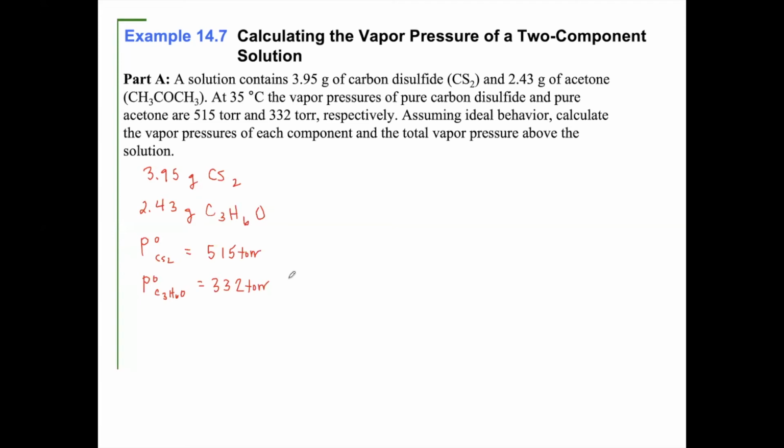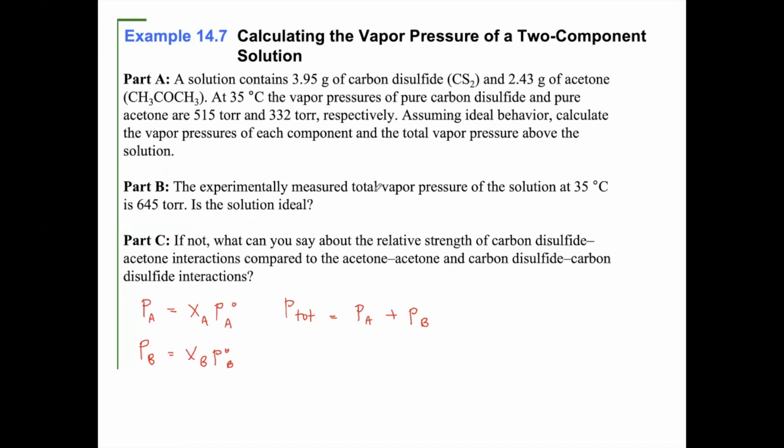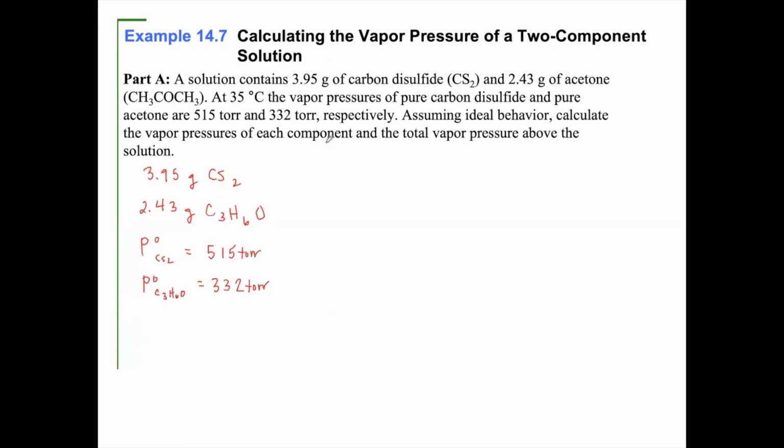So what can we do with this information? Remember, going back to the formulas, to find the partial pressures we're going to be multiplying the mole fraction of one particular gas by the pressure of the gas over its pure liquid. So a good place to start here is probably converting each of these to moles, since we need to find the mole fraction.